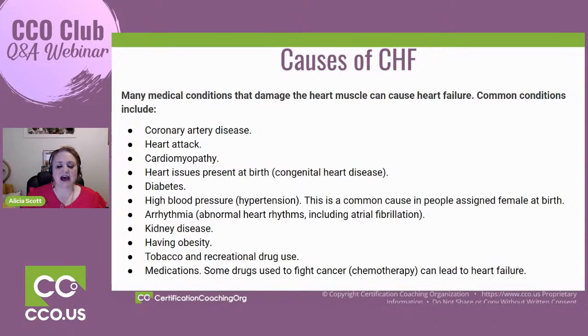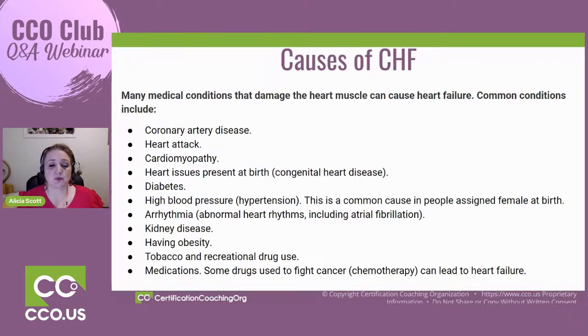Kidney disease. Ultimately, when we wrap up here with this lecture, I'm going to talk about the heart, the lungs, and the kidneys having this relationship together, that if one has an issue, then the other two are affected, and it doesn't matter which one. It's kind of like a triad in itself.